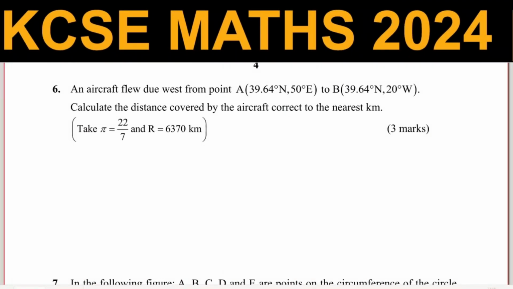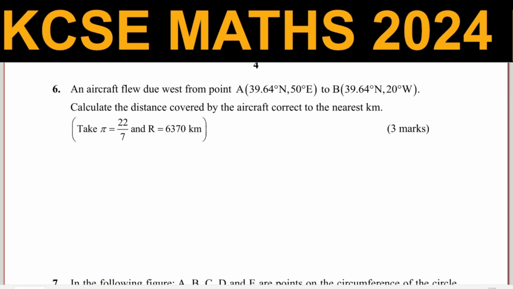An aircraft flew due west from point A, 39.64 degrees north, 50 degrees east, to B, 39.64 degrees north, 20 degrees west. Calculate the distance covered by the aircraft correct to the nearest kilometer. Take pi to be 22/7 and the radius of the earth 6370 kilometers.